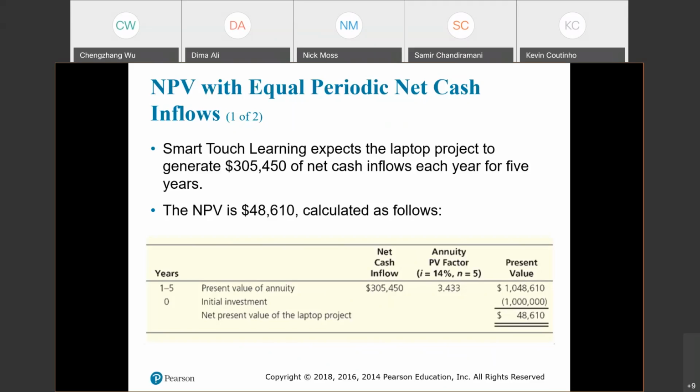Because these cash flows are equal in amount and occur every year, it's considered an annuity. So we use the present value of ordinary annuity of $1 table to find the appropriate annuity present value factor for interest rate equal to 14% and number of periods equal to 5.